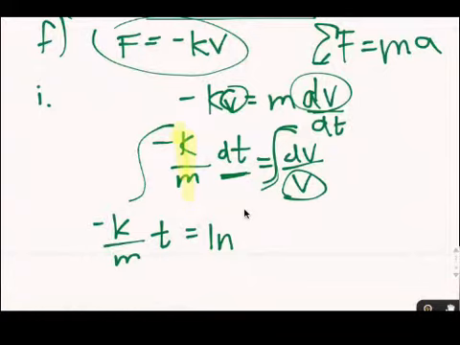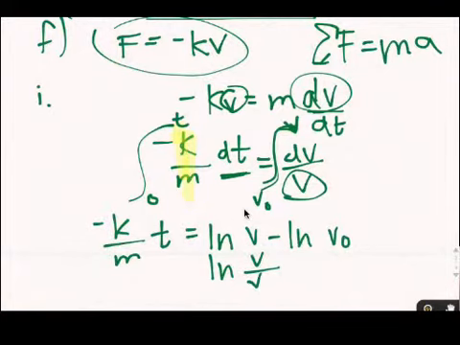And we're doing a definite integral, so I should have put limits on here. For the time one, it's going from 0 to t. And for the v, you're going from v naught to v. You're taking the natural log of v minus the natural log of v naught. To put those together, that's the same thing as the natural log of v over v naught.